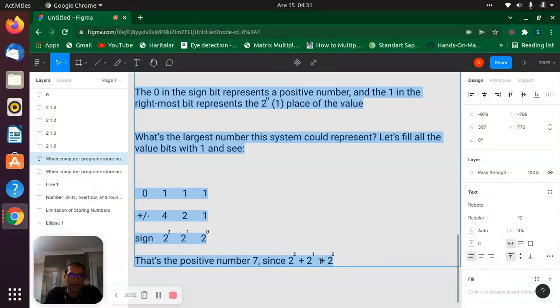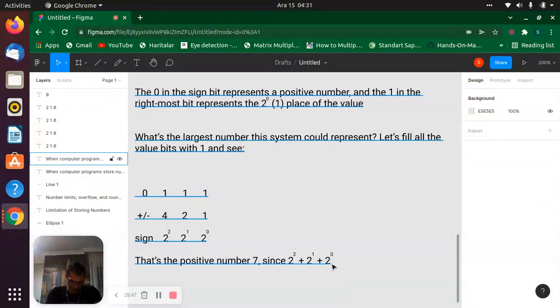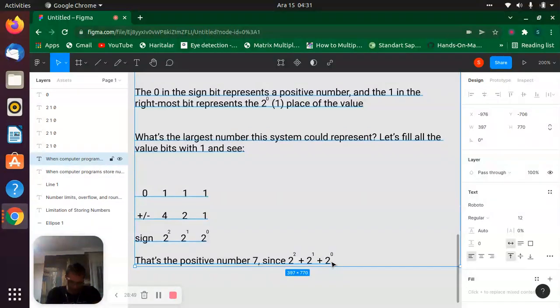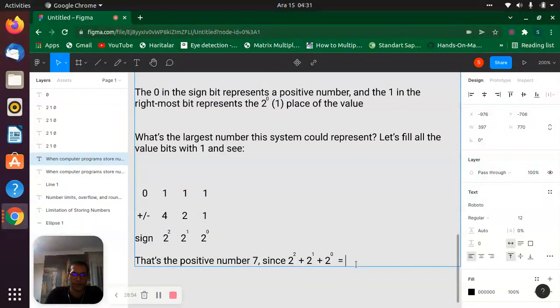This one is very bad, really. Just come in here and do these things here. And it's okay. Then the last one will be 7. I mean, we can show that with this knowledge. We can say 4 plus 2 plus 1 plus 1 equals 7.